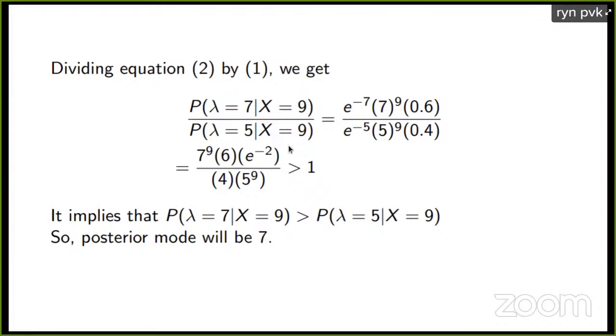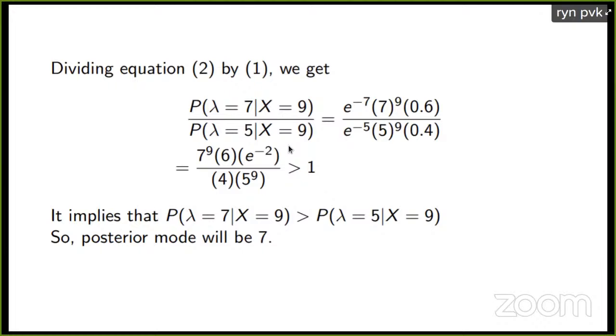This is a Bayesian method. Yes, understood. The mode means the most occurrences. So at what value of lambda are we getting the higher probability? When lambda is equal to 7, we are getting higher probability, 0.06, than lambda equal to 5. That means when the sample x equals 9, there is a higher chance that my distribution mean, which is lambda equal to 7.